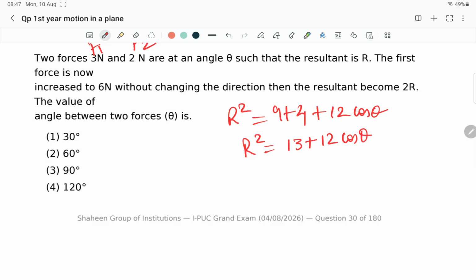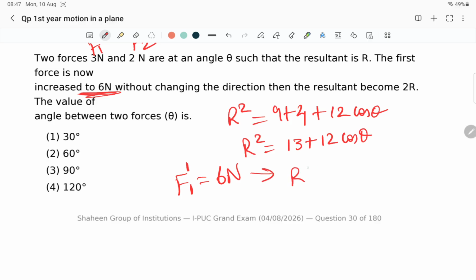After this you are increasing the first force to 6 Newton, so the new force F1 dash is 6 Newton. Understand, he has told increased to 6 Newton. If he had told increased by 6 Newton, then you would have added 3 plus 6. Now it is increased to 6, so you just take F1 as 6.